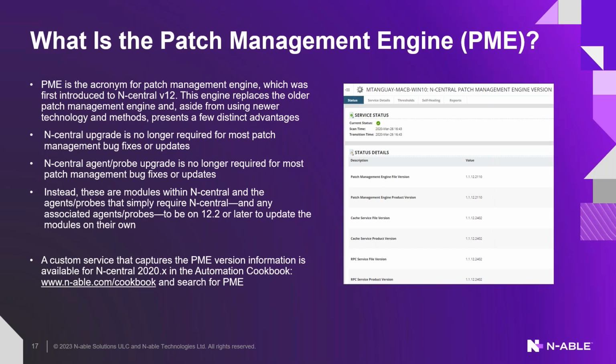And trust me, none of you are running N-Central version 11. I could probably even pull that part out at this point. I mean, we're going on probably 4 years. A custom service that captures the PME version information is available in the cookbook as well, if you want to understand things like what versions are going on with all the different components within PME.